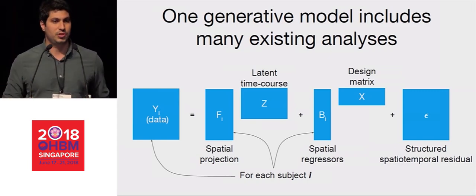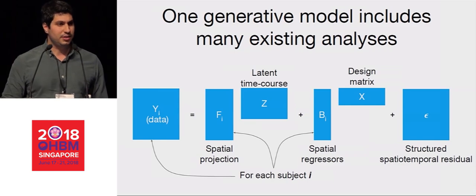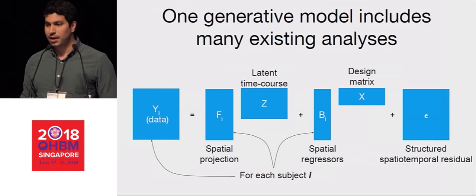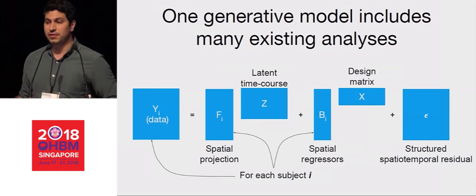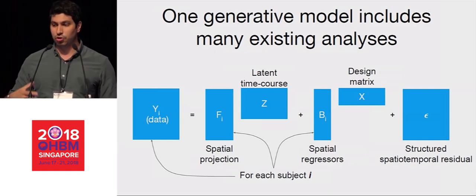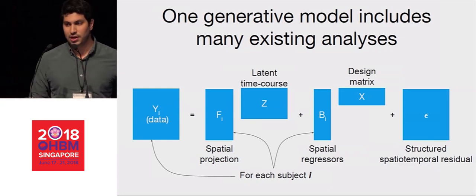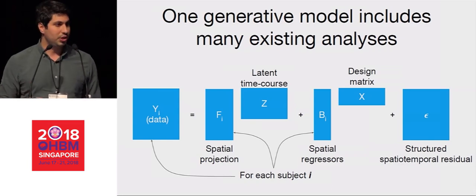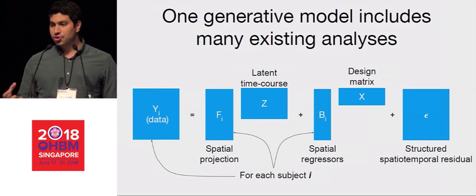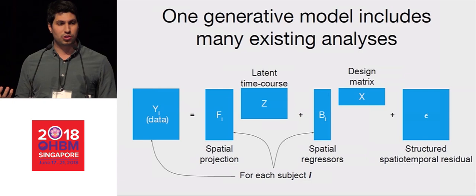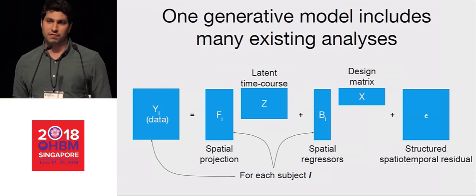So these are the types of terms that we would see in analyses such as shared response modeling. There's a second term that is the effects of the design, the experimental design. So this is the regression, the spatial regressors, and the design matrix that we're normally used to seeing in analyses such as RSA. And the structured spatial covariance residual that accounts for the rest of the model.